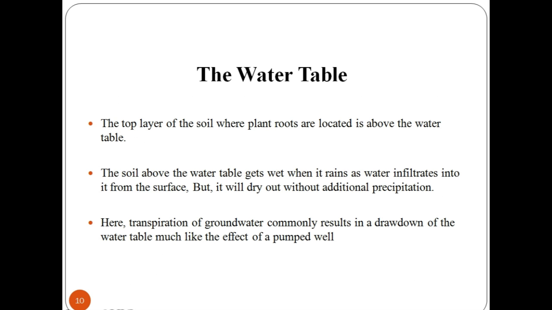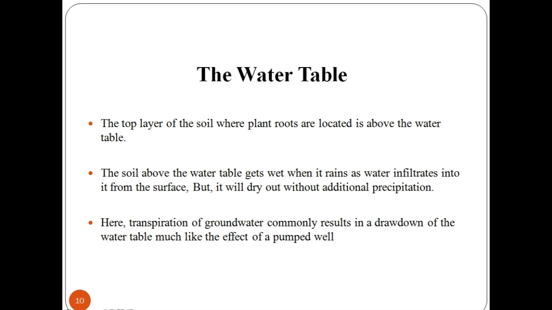The top layer of soil where plant roots are located is above the water table, and thus it is often wet to some extent but is not totally saturated. The soil above the water table gets wet when it rains. The water infiltrates into it from the surface, but it will dry out without additional precipitation.